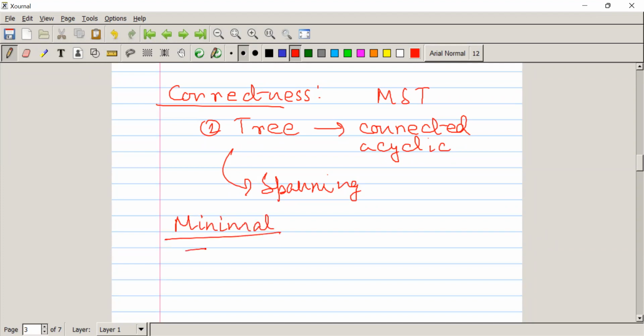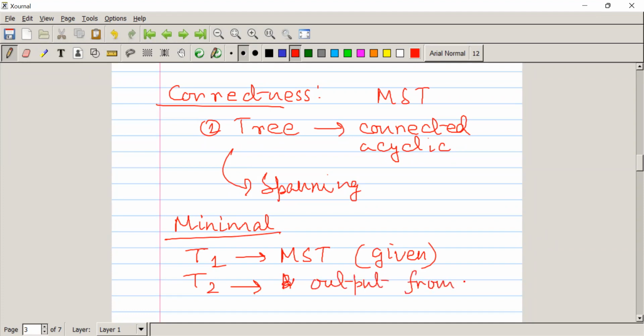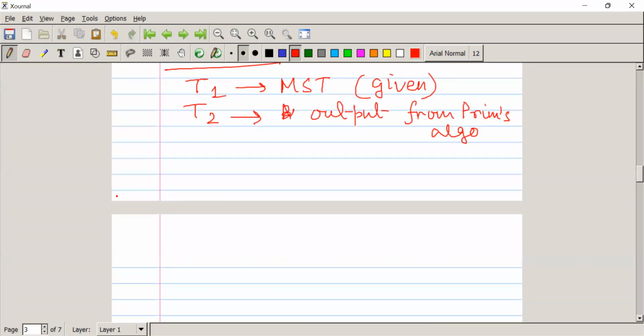So we have to show only the minimality. That is, for any tree T1 an MST, if this is given, and T2 be the output from Prim's algorithm, then we have to show the weight of T1 is actually the weight of T2. We have to actually show this.